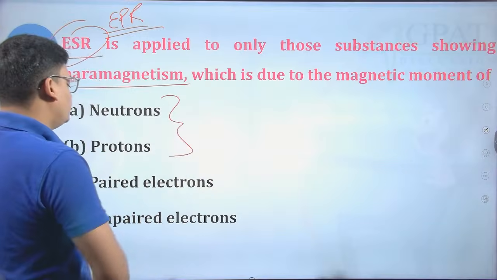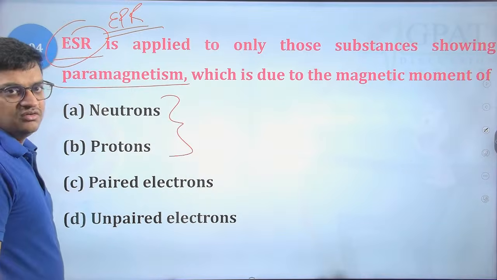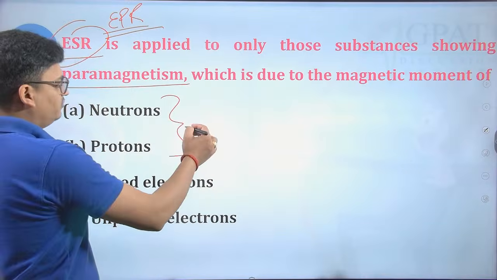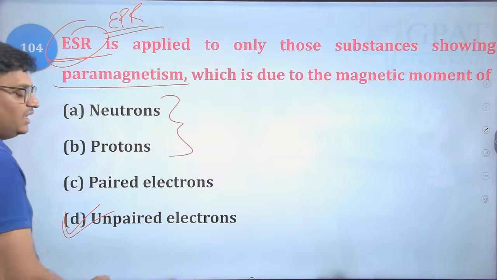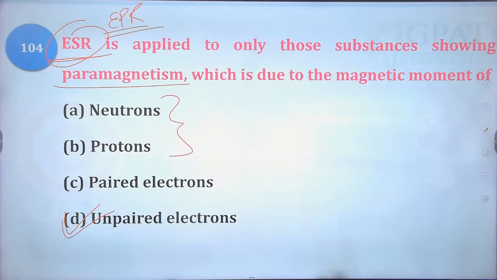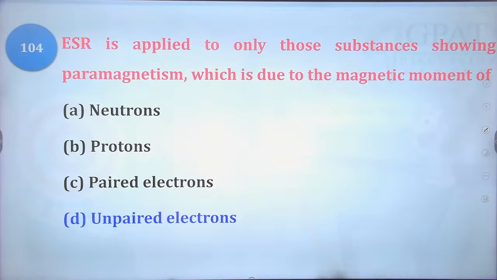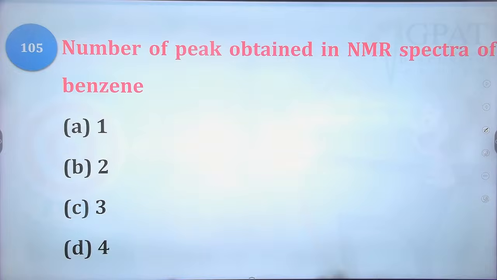For neutrons and protons, we use NMR, but for ESR, we have to go for unpaired electrons. Due to unpaired electrons, odd electrons, we have paramagnetic properties.